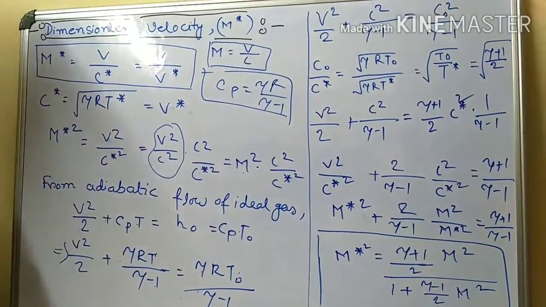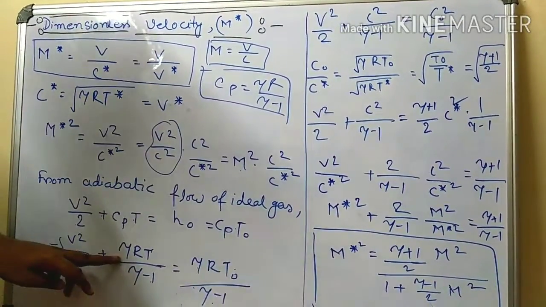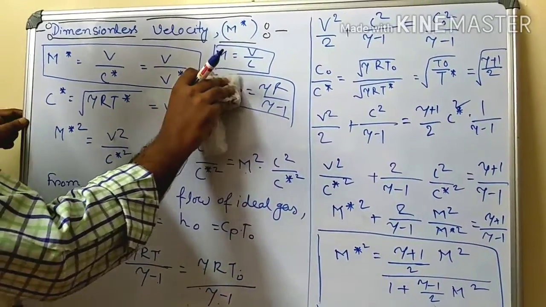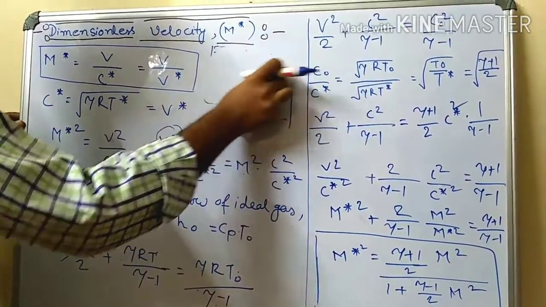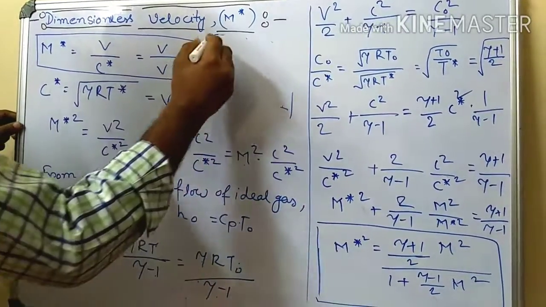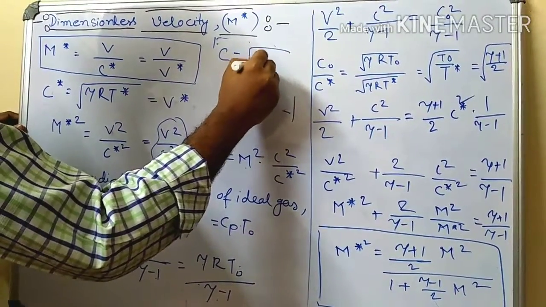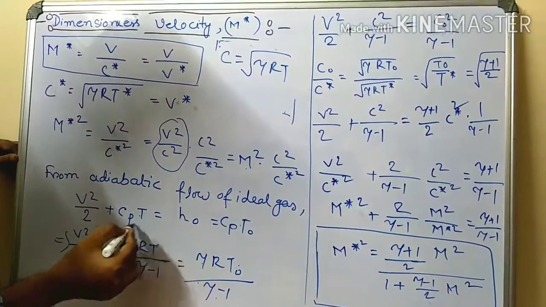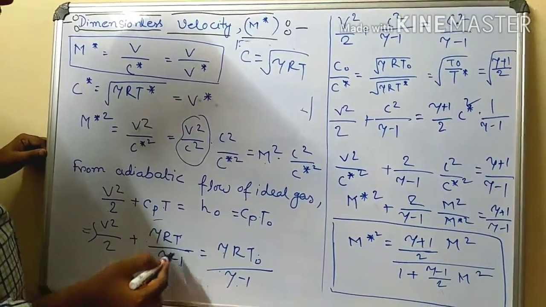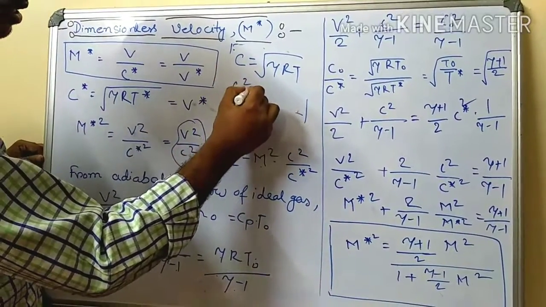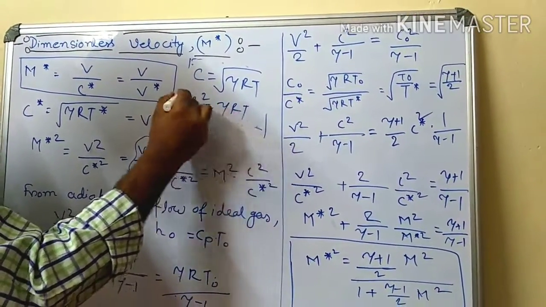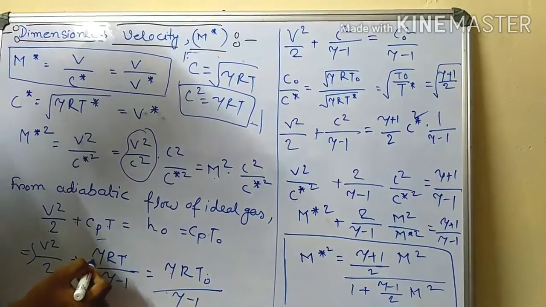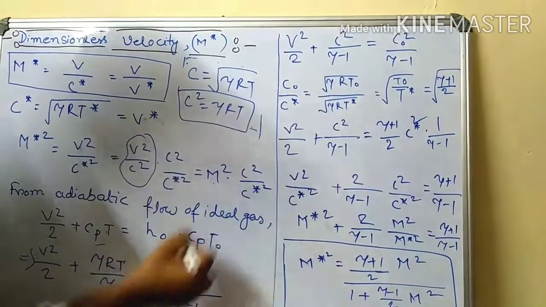Now, as you know, C is equal to under root of gamma RT for adiabatic flow. So in this equation, that is basically gamma RT. If you write C square is equal to gamma RT, now it is here gamma RT. In terms of gamma RT, it is also written as C square.